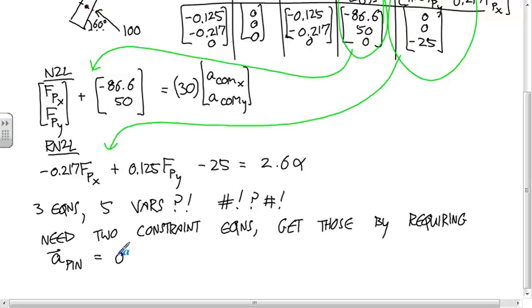Okay, so we want to represent the acceleration at the pin without adding any new variables, otherwise it doesn't help us. So in terms of the variables that we have, here's what we have. We have the acceleration of the center of mass, the angular acceleration.